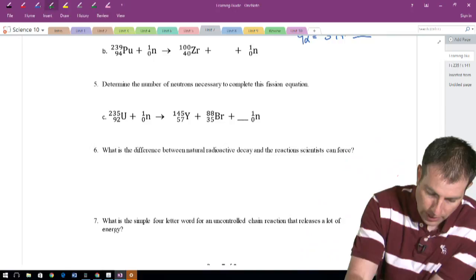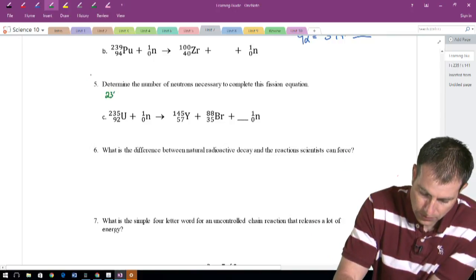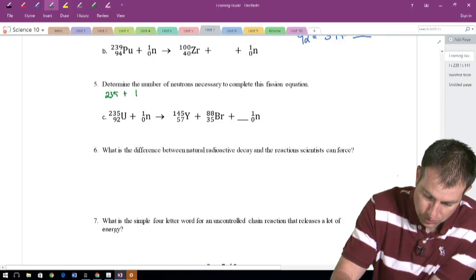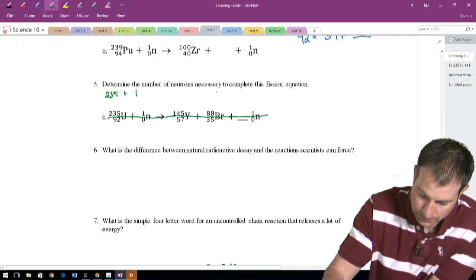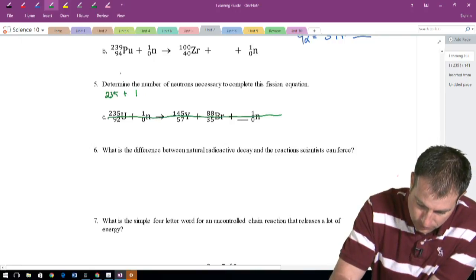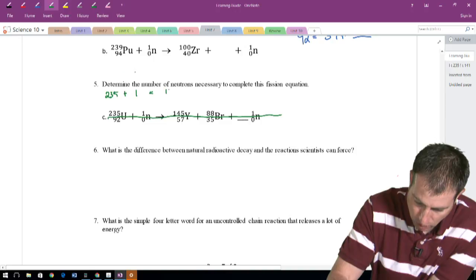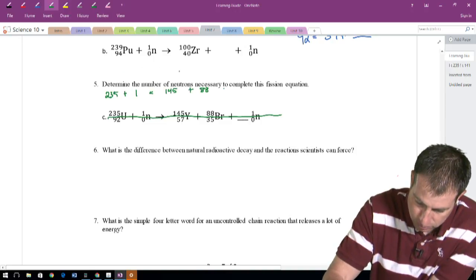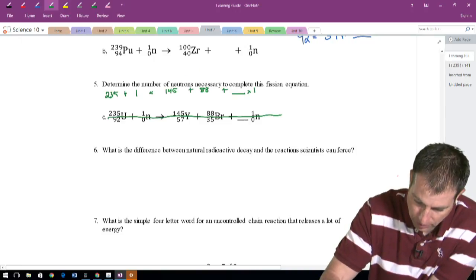On the top I have 235 plus 1, so just looking at the top numbers here. Arrow's kind of like an equal sign, 145 plus 88 plus something times 1, or just something.